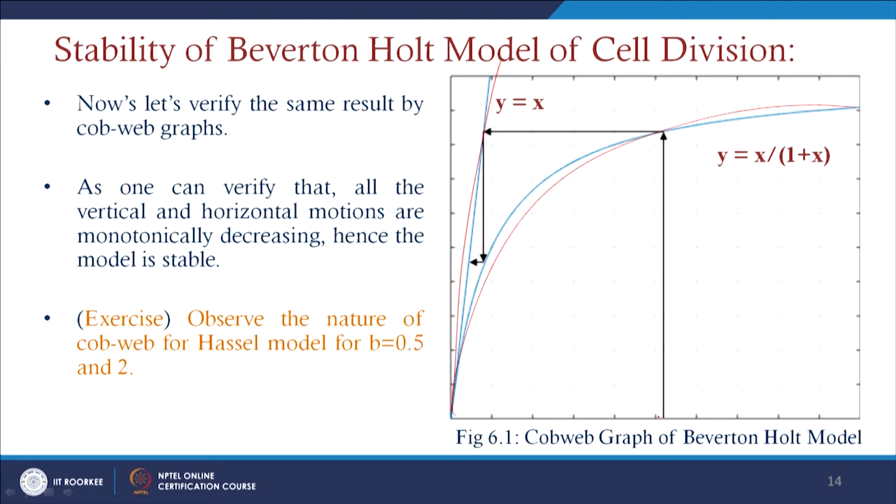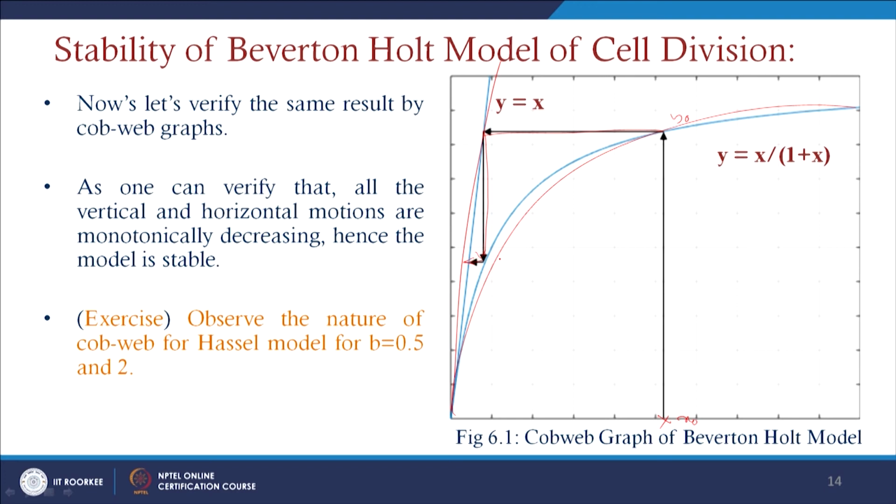We assume any starting point x_0, find its functional value y_0, move horizontally to the line y equals x, then move again vertically to the functional value, and continue in that form. Easily we can verify that all the vertical and horizontal motions are monotonically decreasing, hence the model is stable.